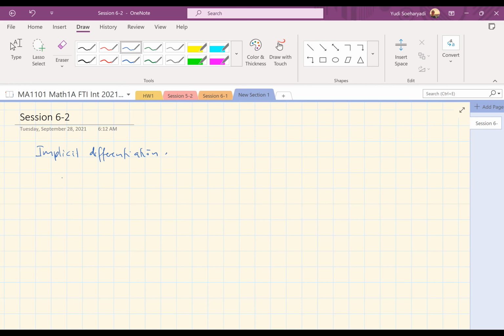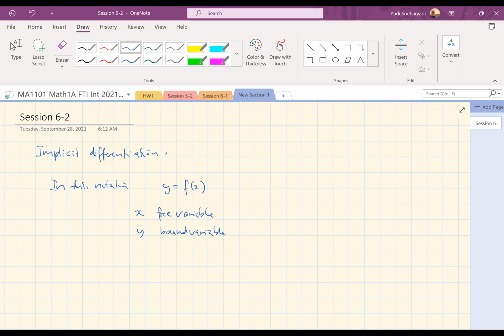If we write something like this, sometimes y equals f of x, technically x is what we call the free variable and y is the bound variable.